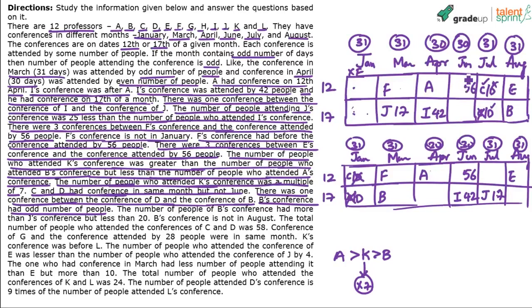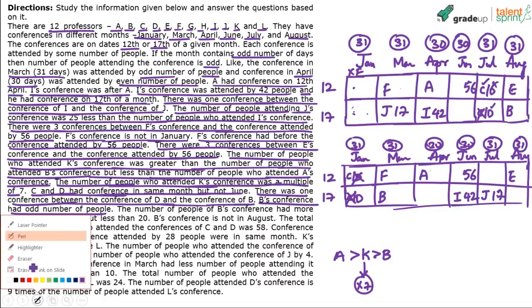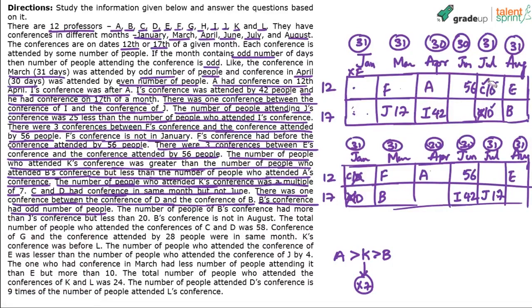So B cannot come in June since June has even number of days. So with respect to case 1 also, C and D are fixed. So C followed by D. Here also C followed by D. I'll just clear that so that we can write the number also whenever we get that. So first C and then D. Simple verification, right? That verification you've got to do. Here also first C and then we have D.